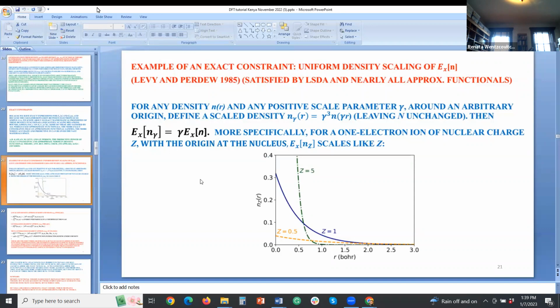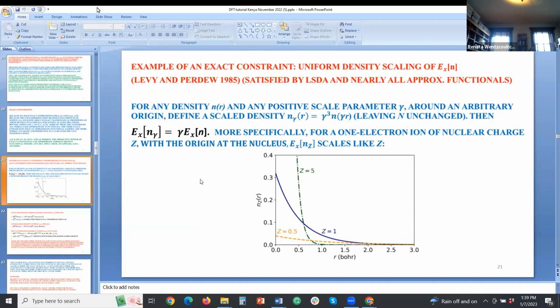Now, to make that even clearer, I'm going to think about a very physical example. Suppose we have a one-electron ion with a nuclear charge, capital Z. We know that the solution of that problem is a hydrogenic solution. The ground state is an exponential one-electron wave function. Let's put the nucleus at the origin, and then the density will scale as you see in this figure. For instance, for Z equals 1, you just see the exponential hydrogen density.